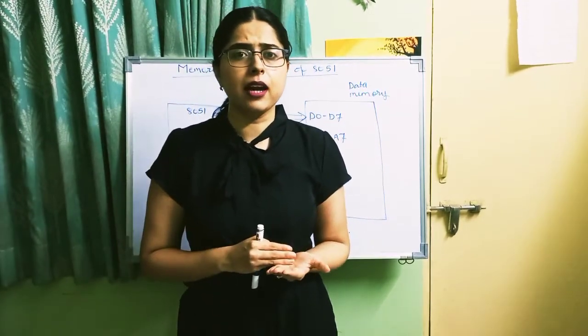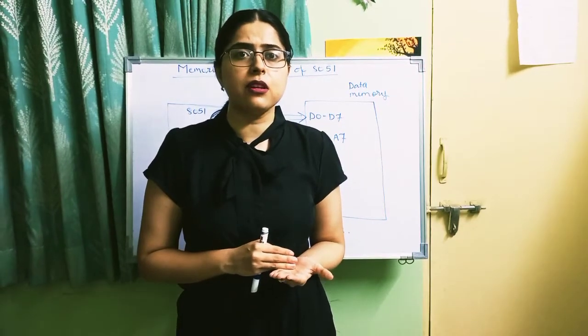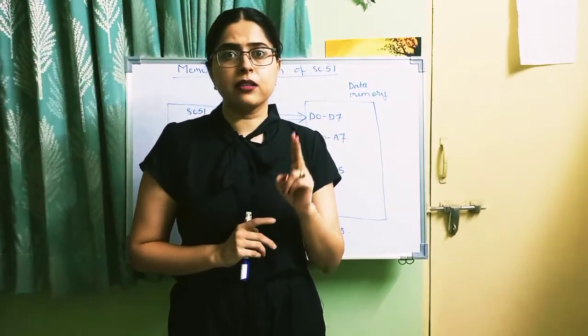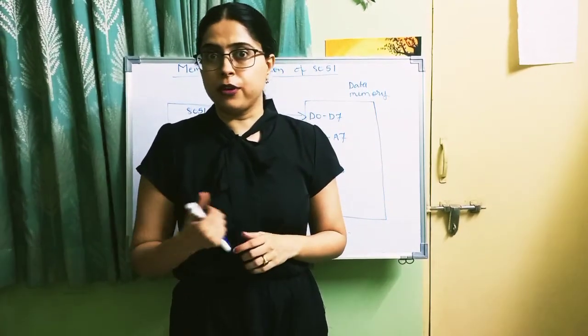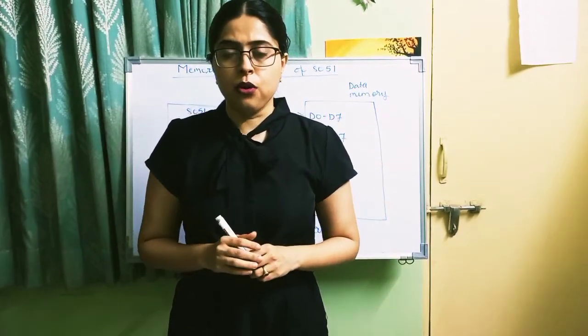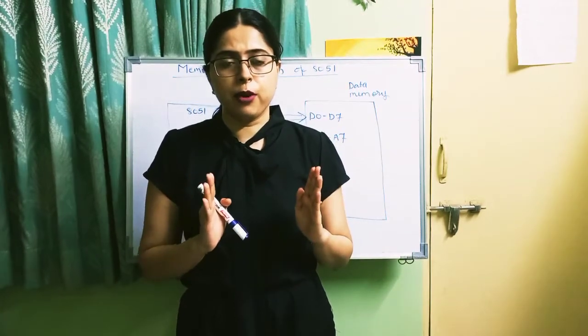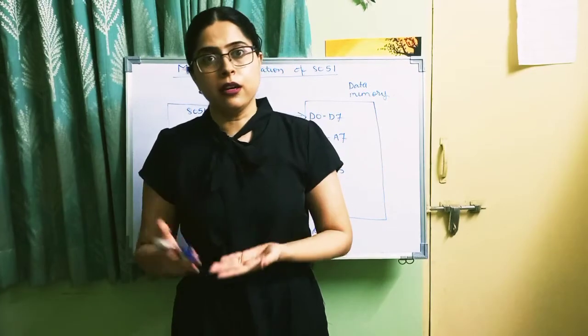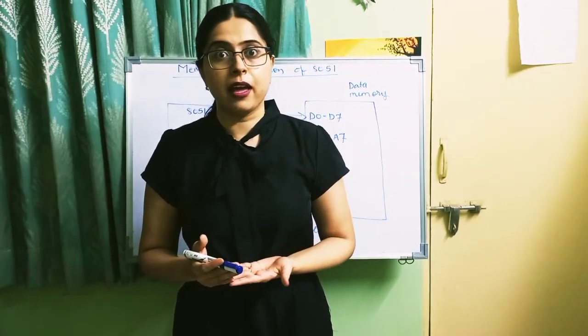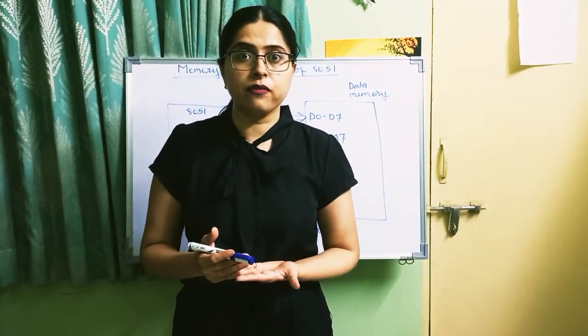This DPTR is a 16-bit register divided into two parts: the data pointer low, DPL, and the data pointer high, DPH. The contents of DPL are the lower order address of the data memory, and the contents of DPH are the higher order address of the data memory.